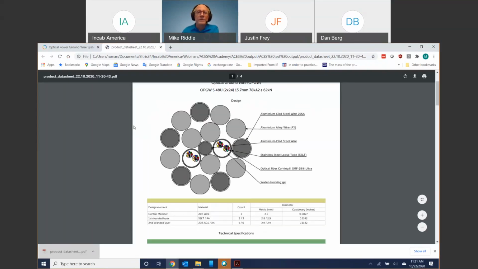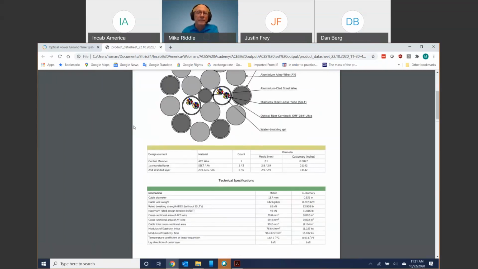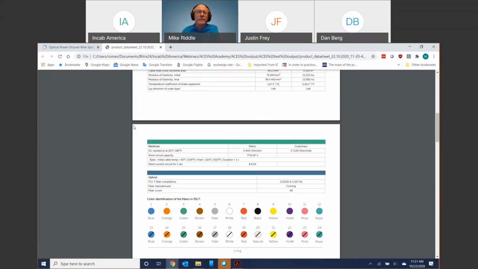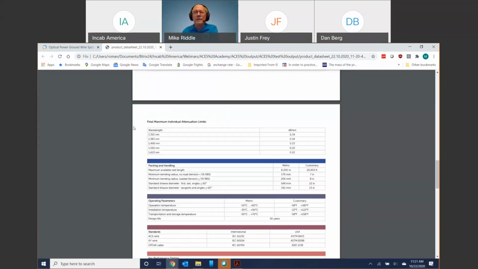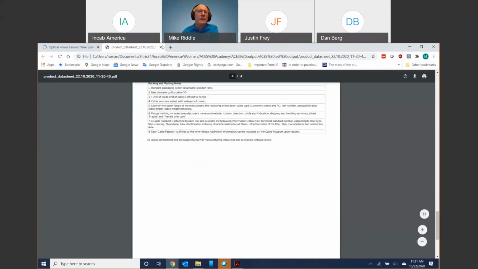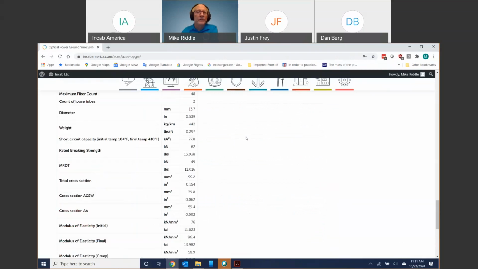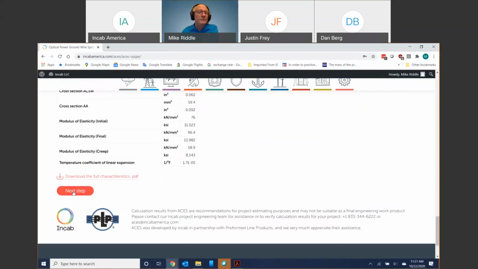And so here's the spec of that particular cable as downloaded in a little more colorful format. There's more information here than the basic information on the screen. So once you've selected your cable, you're ready to keep moving.